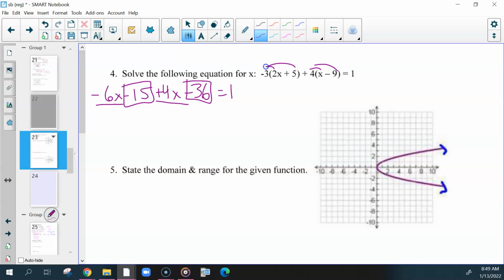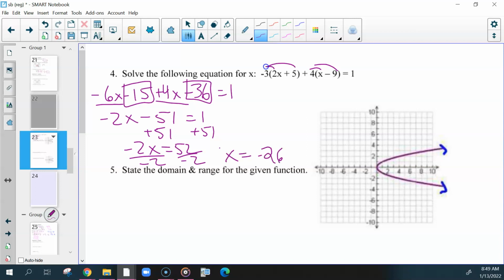You have negative 2x minus 51. Add 51 to both sides to get 52 and divide both sides by negative 2 to get negative 26. Negative, yeah, because the 2 is negative.